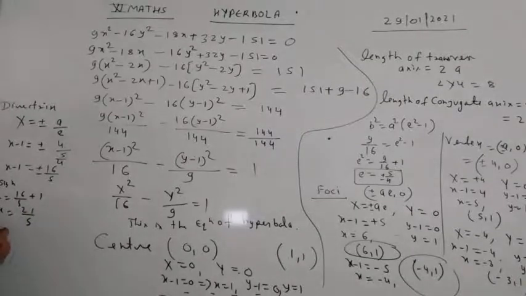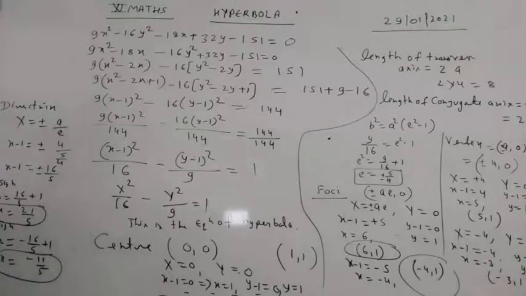When we take the negative sign, x is equal to minus 16 by 5 plus 1, so x is minus 16 plus 5, minus 11 by 5. Okay students, so this is one directrix, and x is equal to 21 by 5 is the other directrix.